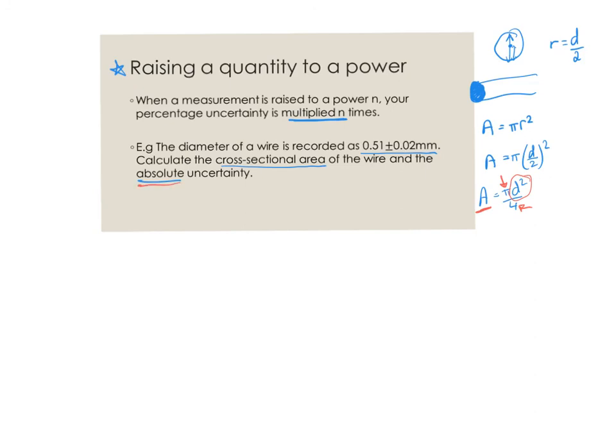But first I have to deal with the percentage uncertainty, because when a measurement is raised to a power n, your percentage uncertainty is multiplied n times. So once again, we deal with percentage uncertainty. I need to find the percentage uncertainty of this value of the diameter.